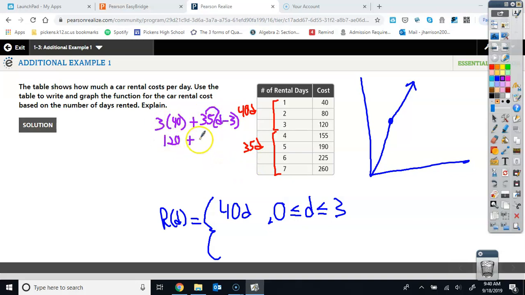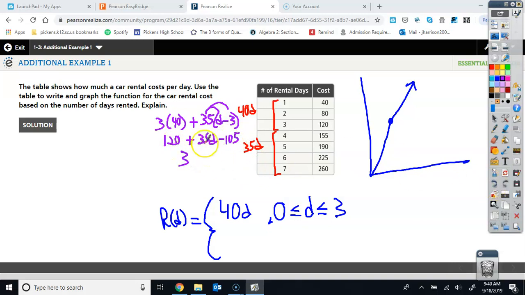You're going to have 35 times the number of days, and then 35 times negative 3. So 35 times 3 is going to be, sorry, brain fart there for a second. 35 times 3 is 105. Golly, see, I'm struggling, guys. So 35 times 3 is 105. So that's minus 105. If you do 120 minus 105, you get 15.